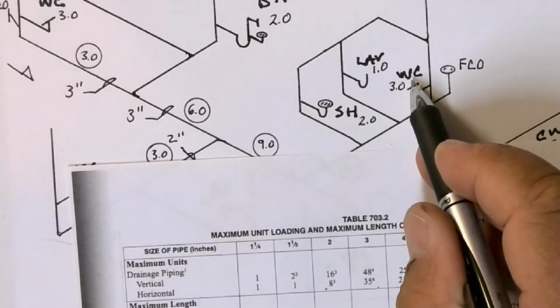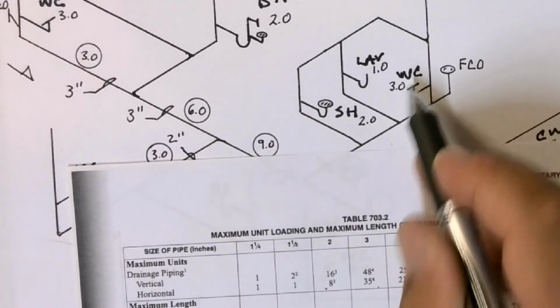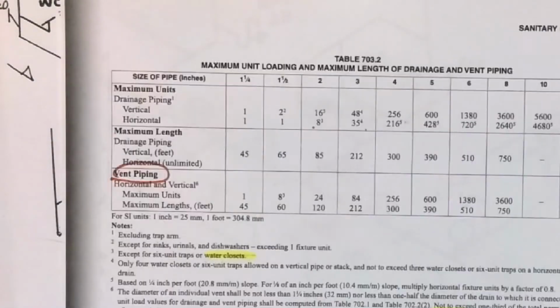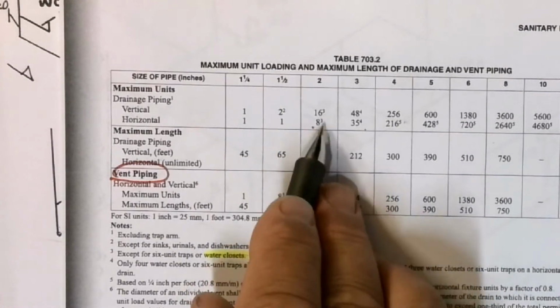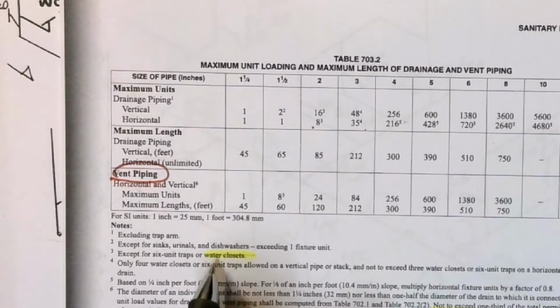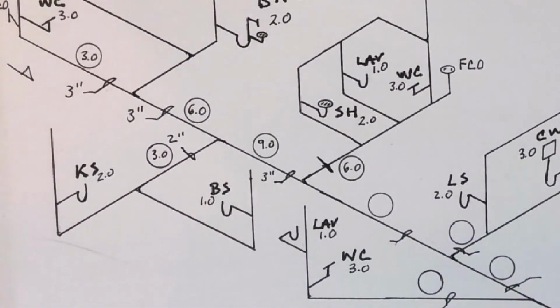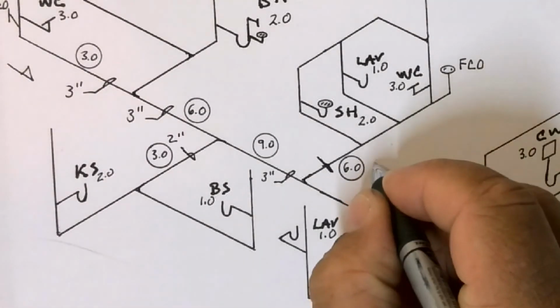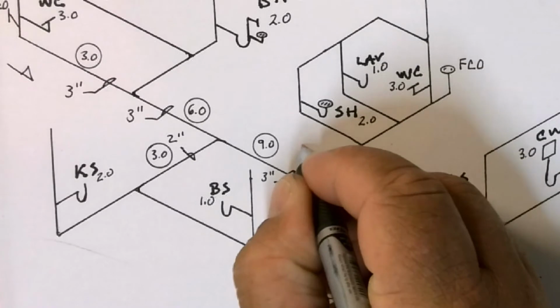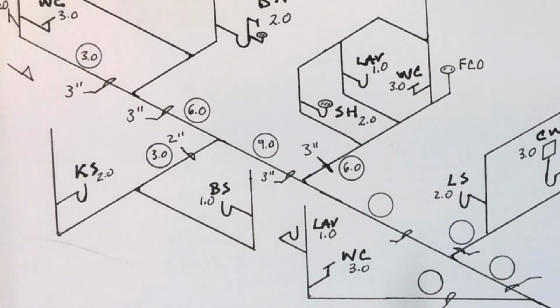That's a water closet. So even though it's 6, we can't use 2-inch. This note, man, I'm telling you, that's going to screw everybody up. You don't pay attention to the notes. You have to pay attention to the notes. That's the key for sizing a waste and vent system.